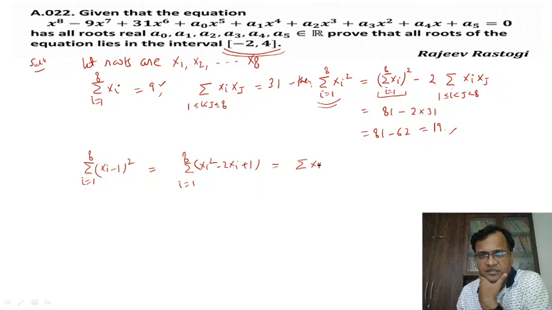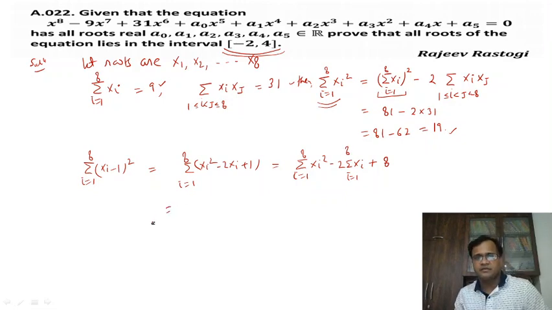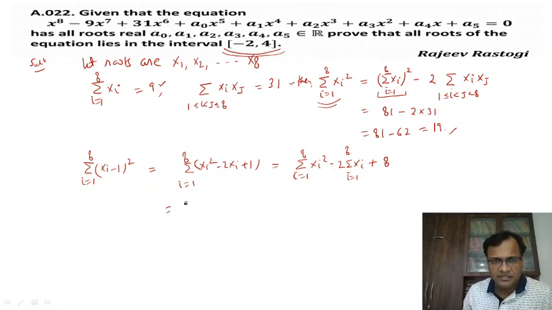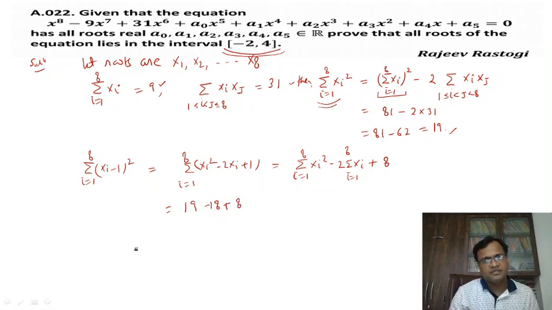We can write sigma xi squared minus 2 times sigma xi plus sigma 1. Sigma 1 is constant with respect to xi, therefore we get the number of terms, 8. Sigma xi squared is clearly 19, sigma xi is 9, 2 times 9 is 18, plus 8. So 19 minus 18 is 1, 1 plus 8 is 9.